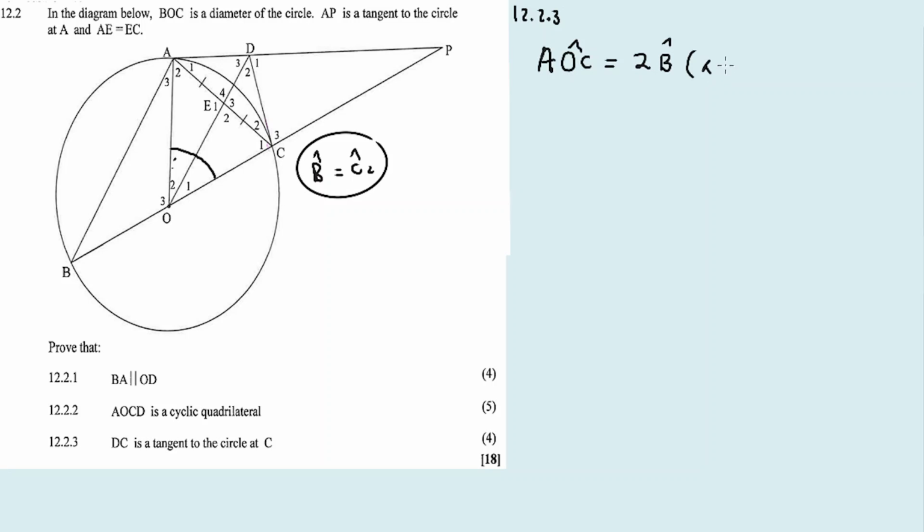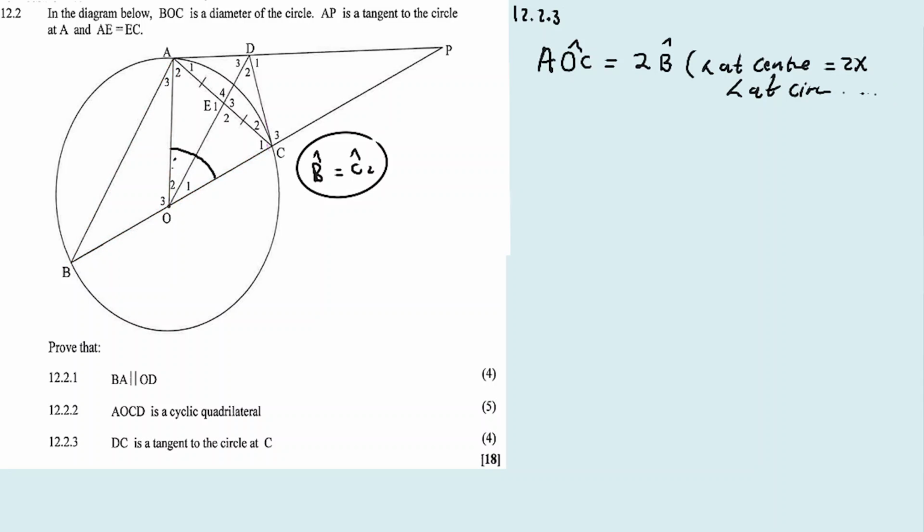The angle at center is equal to 2 times the angle at circumference, right? This one is equal to 2 times this angle B, right?